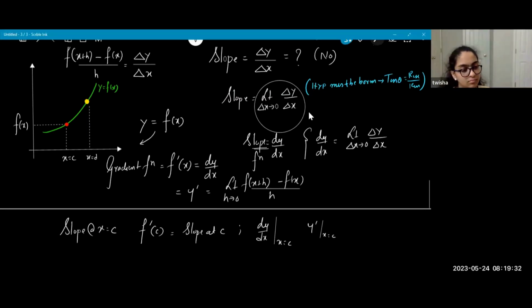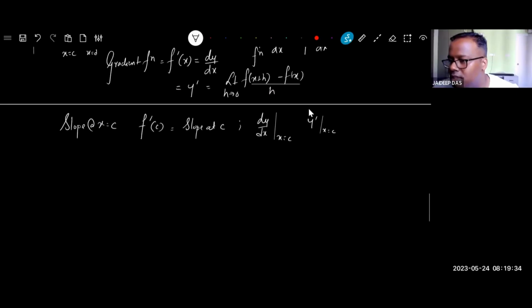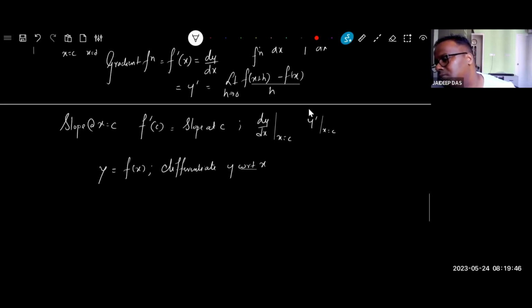And this is known as, given a function y equal to f of x, and they tell you differentiate y with respect to x. WRT means with respect to.